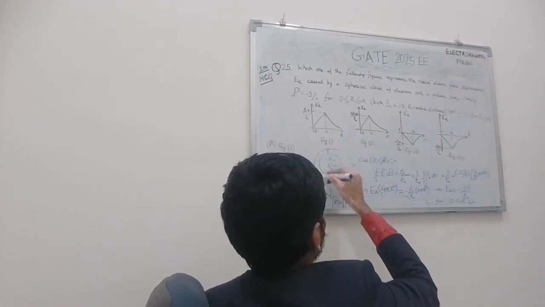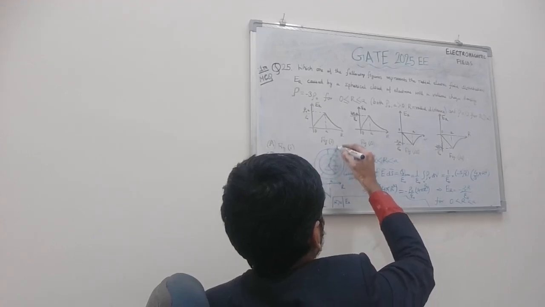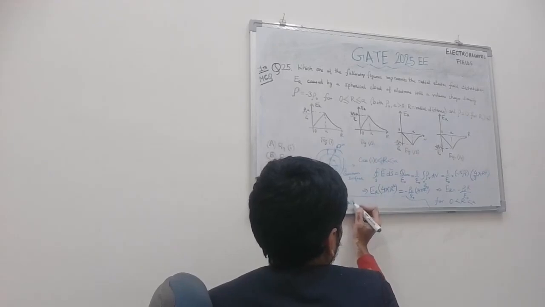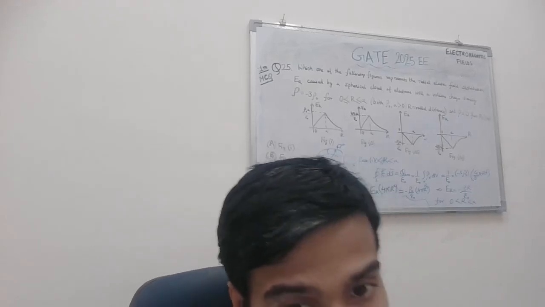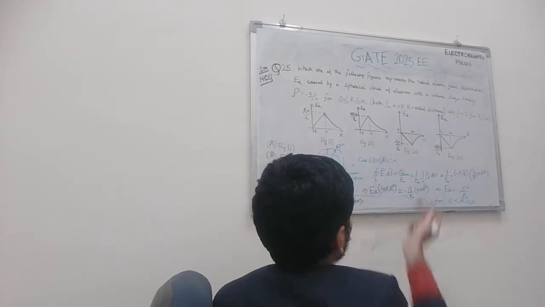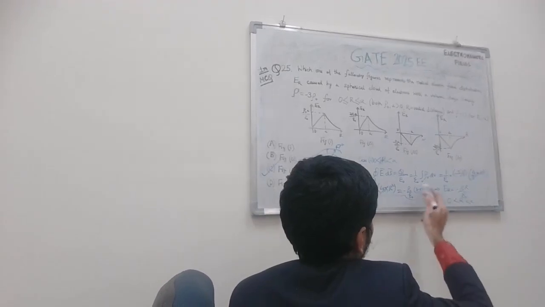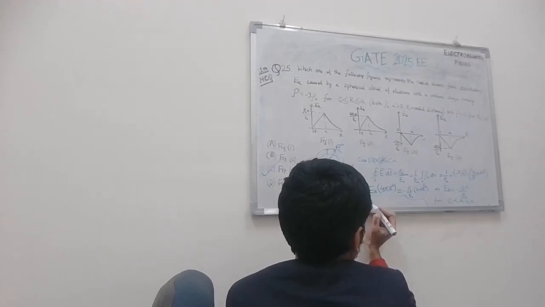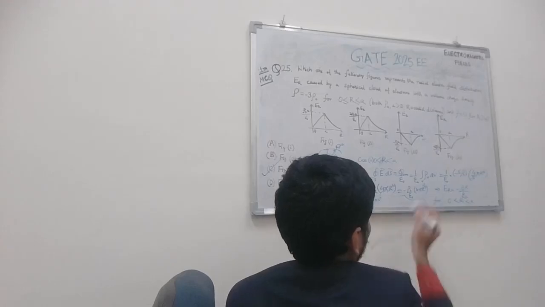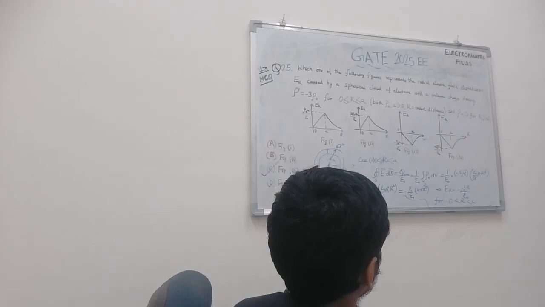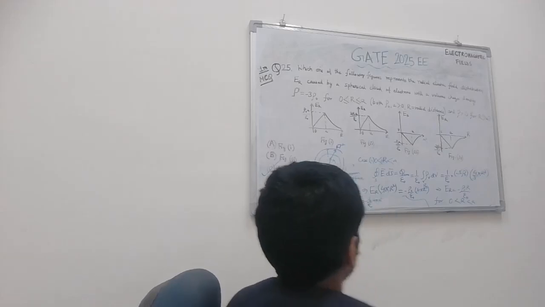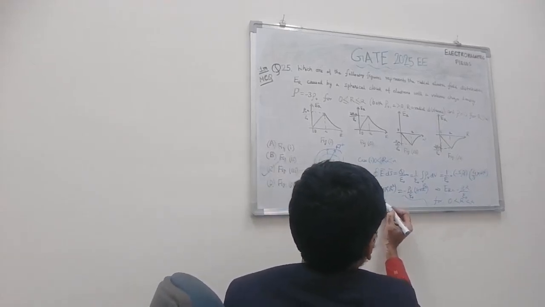applying Gauss's law, say let's take this Gaussian surface r greater than a, so it will be ER into 4 pi r square, that is the surface area of this Gaussian surface, equal to the enclosed charge, which will be constant at this value, it is minus rho naught by epsilon naught into 4 pi a cube, replacing r by a, right? 4 pi gets cancelled and we will be left with ER equal to minus rho naught a cube upon epsilon naught times r square.